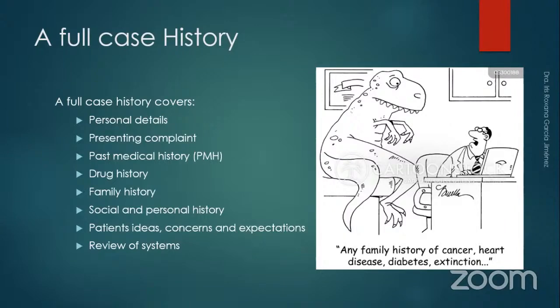A full case history covers all of these topics: personal details, presenting complaint, past medical history, drug history, family history, social and personal history, patient ideas, concerns, and expectations, of course very important while talking, and review of systems, which we all know how to do, and we are practicing during our exercise of writing down, according to the clinical case you chose at the beginning.